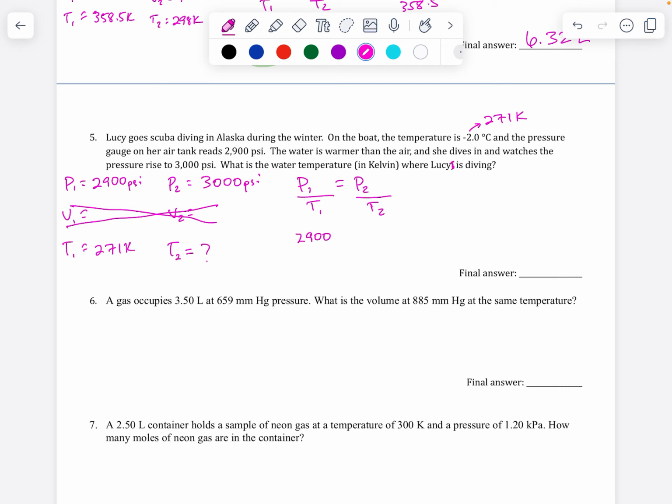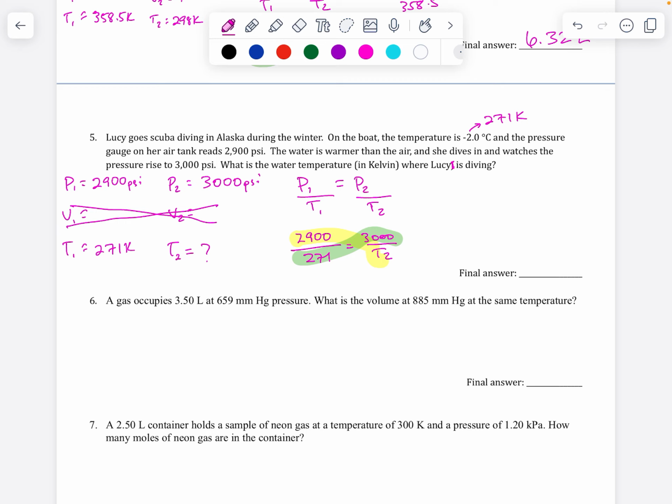2,900 divided by 271 equals 3,000 divided by T2. Again, cross multiply. Cross multiply there, cross multiply there, cross multiply everywhere. Let's see.